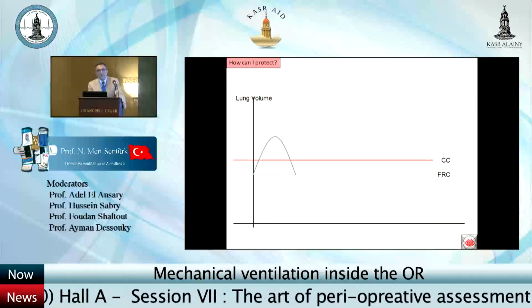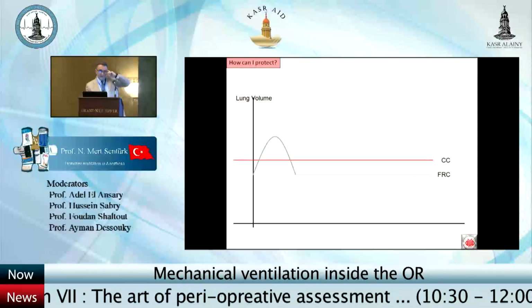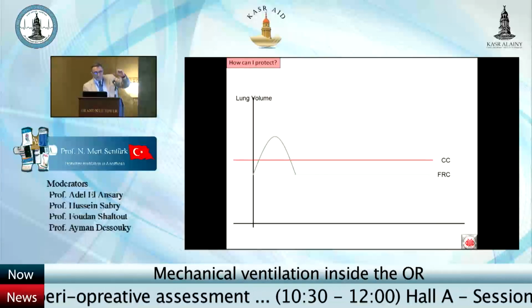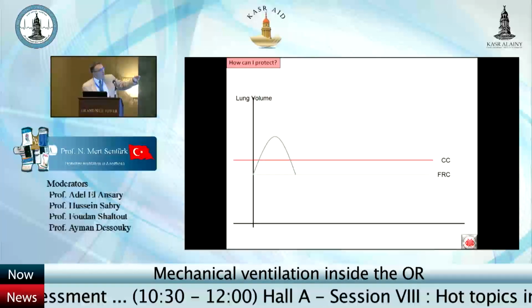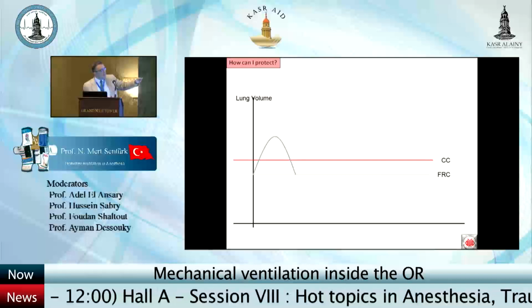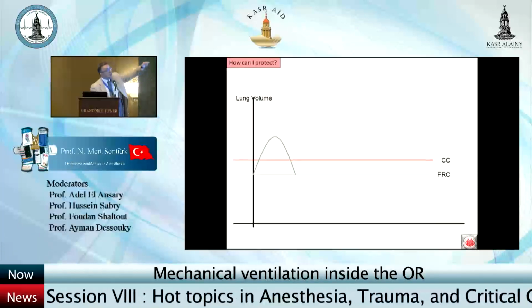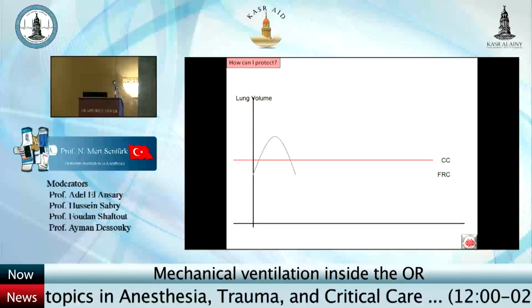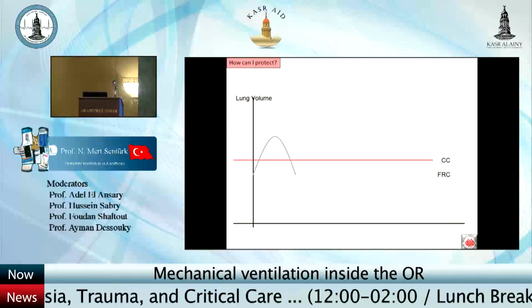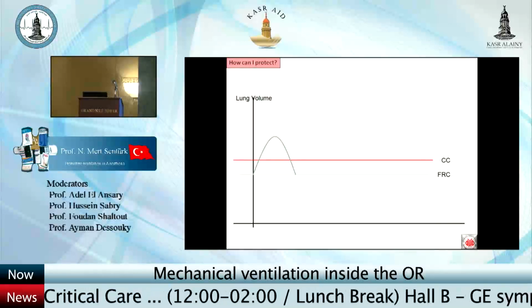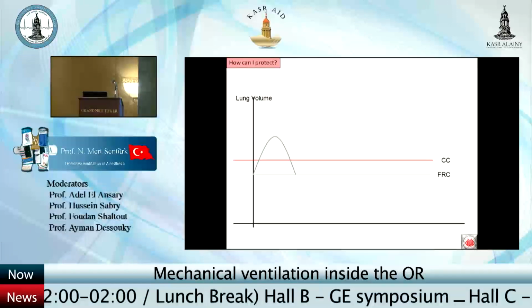How about PEEP? The question with mechanical ventilation is that the FRC drops below the closing capacity. Normally, the FRC is somewhere above the closing capacity, somewhere here. But after the induction of anesthesia, the FRC drops below the closing capacity.